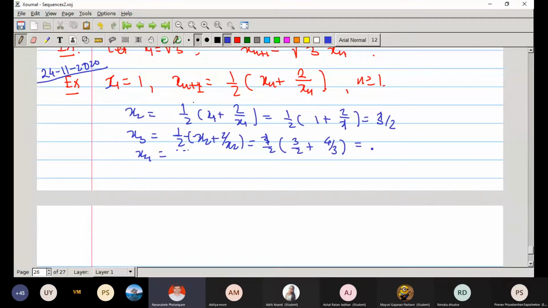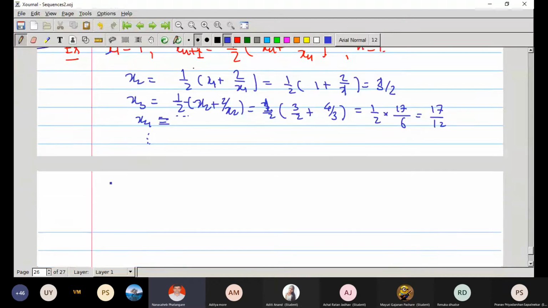And whatever is this number, 1 by 2 into 9 plus 8, 17 by 6, is 17 by 12. So basically, you see that all xn's are rational numbers. Why am I saying rational? Because they are rational numbers, and why it is important, we'll understand later on.